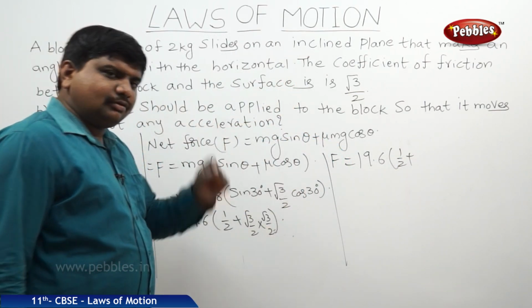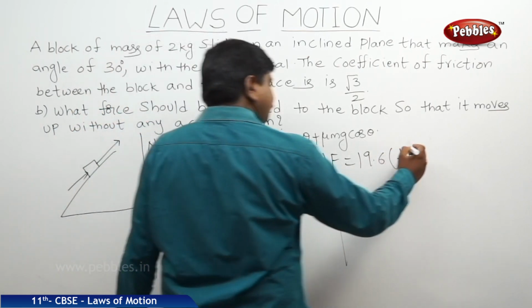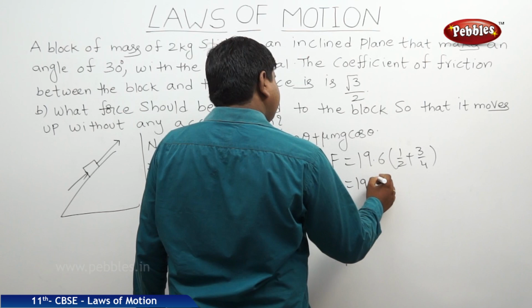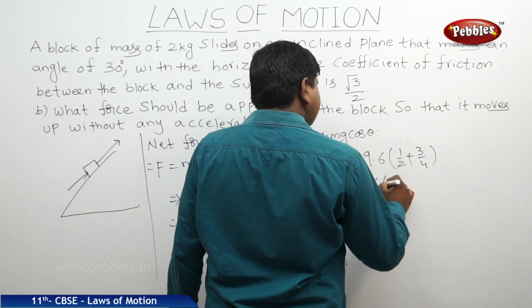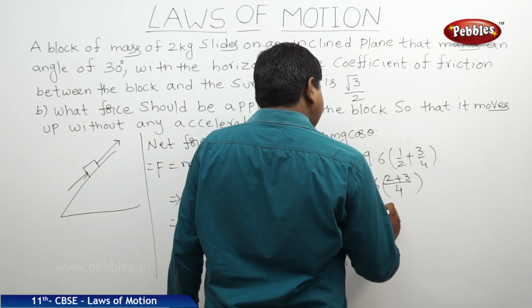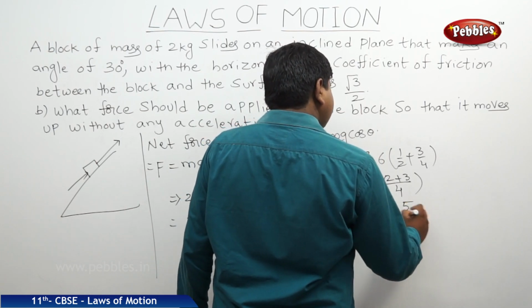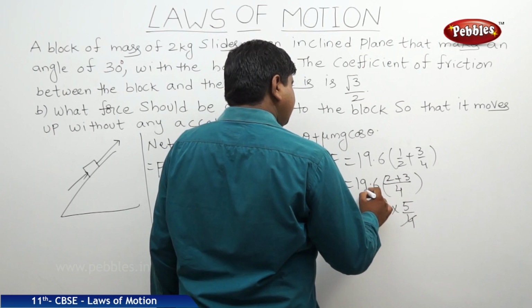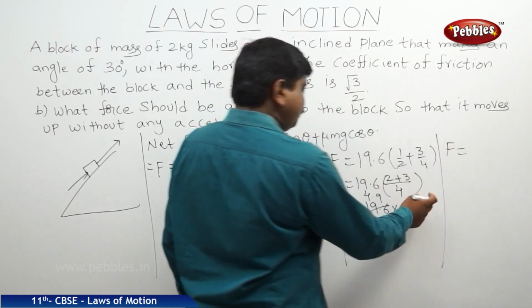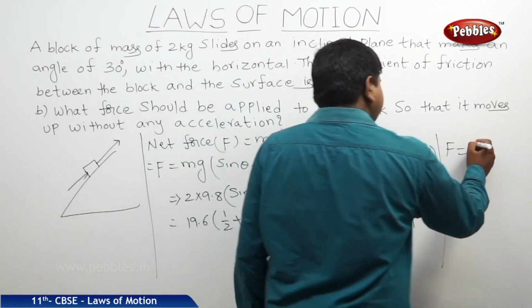So it will be 3 by 4. So it will be 19.6 into, 4 is the LCM, 2 plus 3, so 19.6 into 5 by 4, where 19.6 by 4 is 4.9. Therefore the force will be 4.9 into 5, 24.5 newtons.